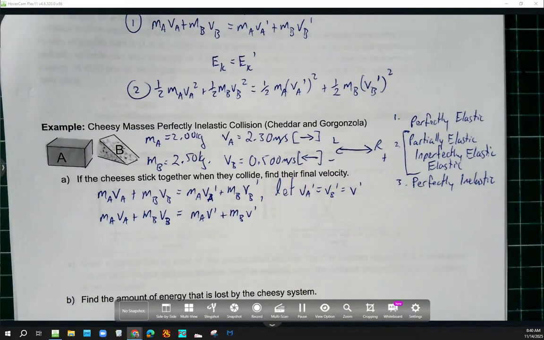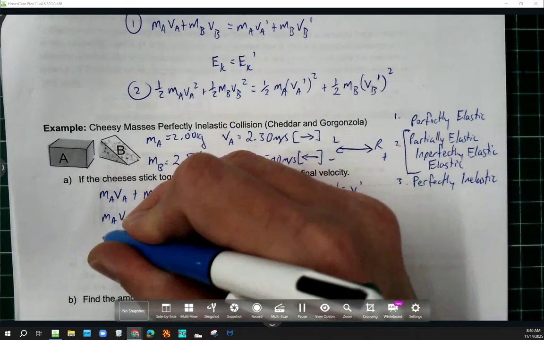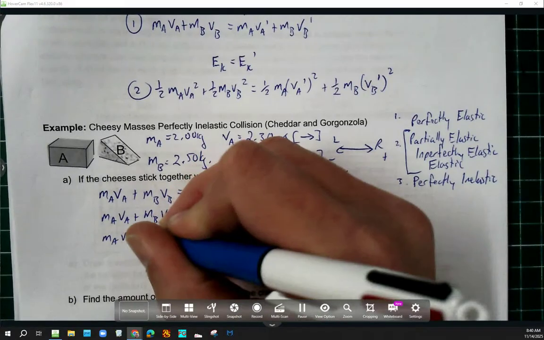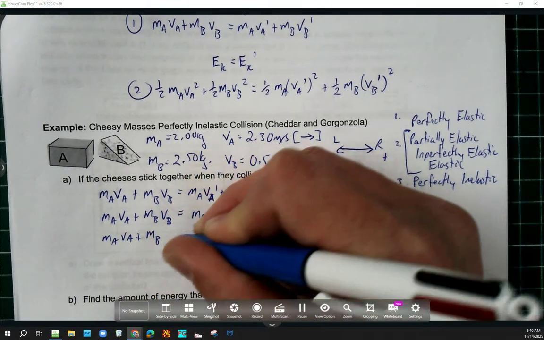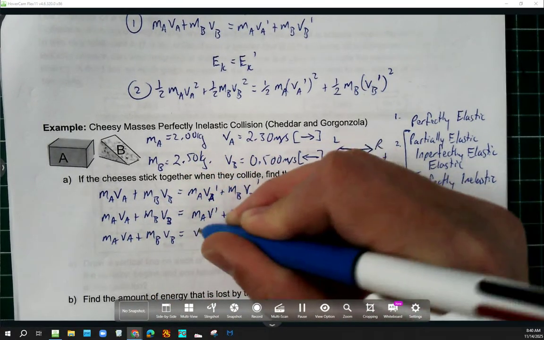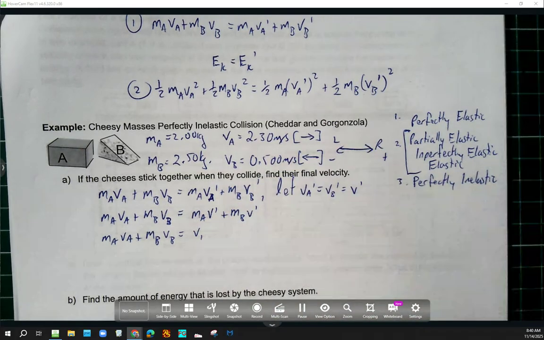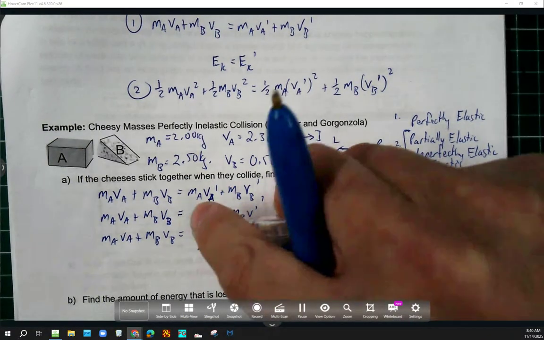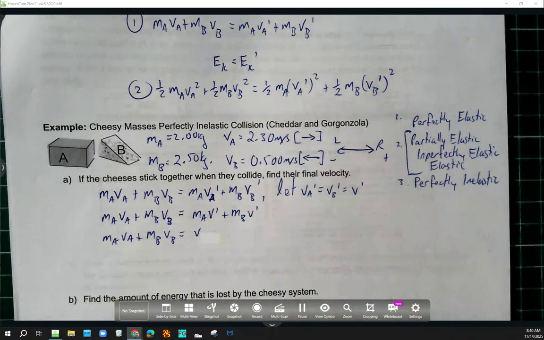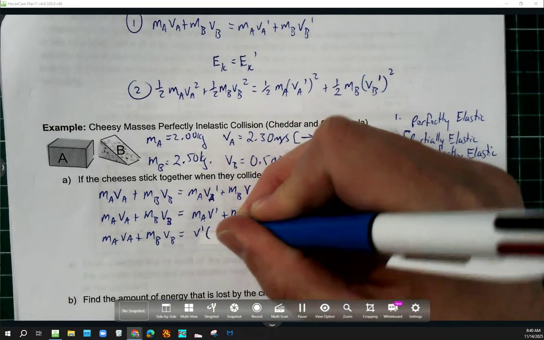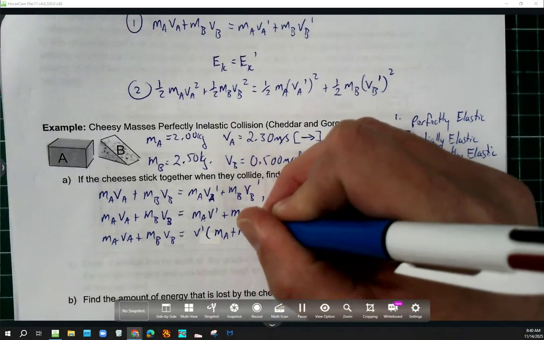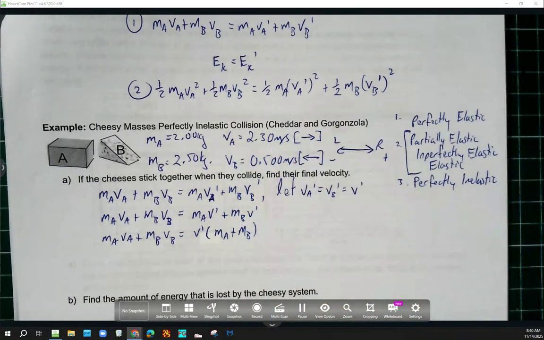And then you're like, oh, I can just factor the V primed off. And then I can divide both sides by the binomial.